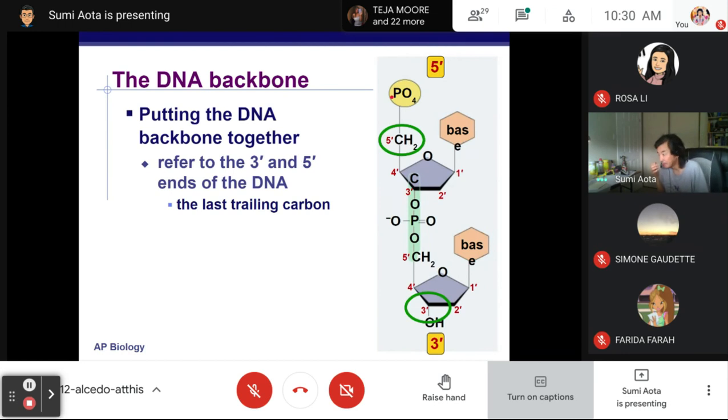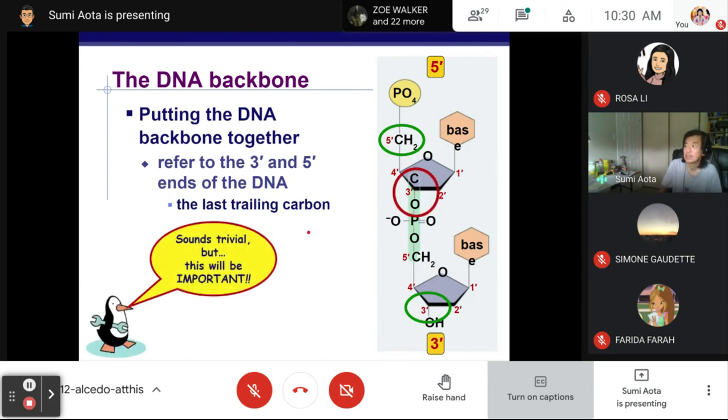The phosphate attaches from the 5' carbon of the previous nucleotide to the 3' carbon of the next nucleotide. So the attachment is always 5' to 3'. So DNA has directionality, and that's important.